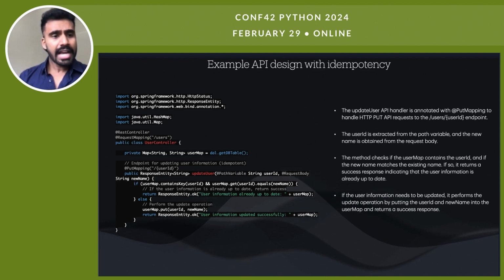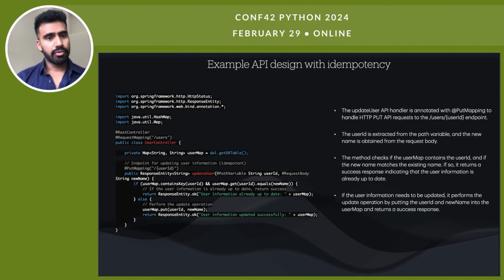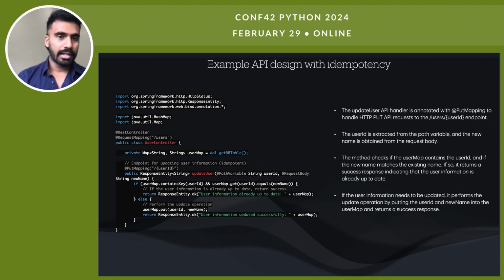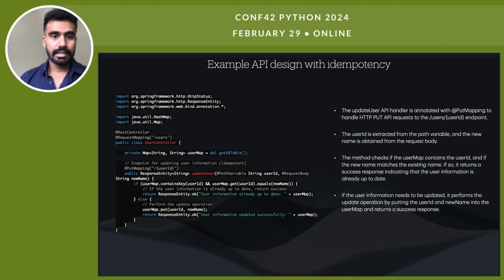So yes, that's it. These are some of the important design aspects that need to be considered while designing APIs for data intensive applications. And there are many more, such as security aspects of the system, and pagination and filtering that can be done when you have a lot of data coming from the server.